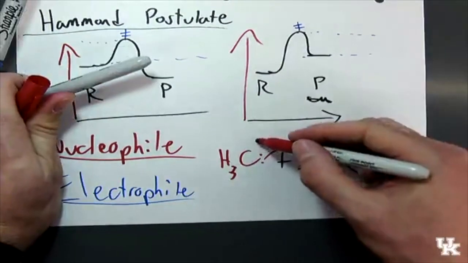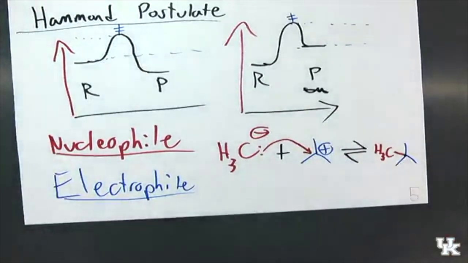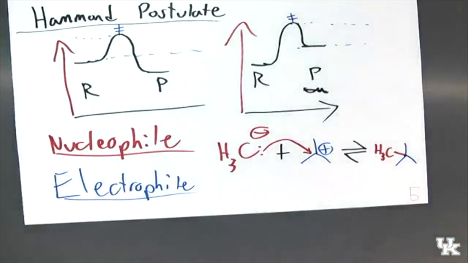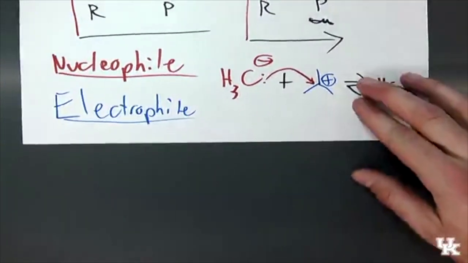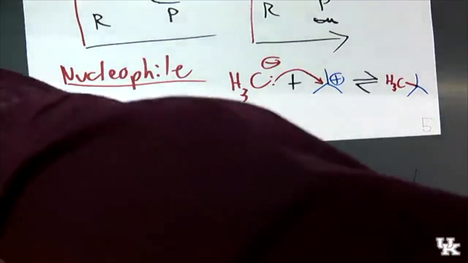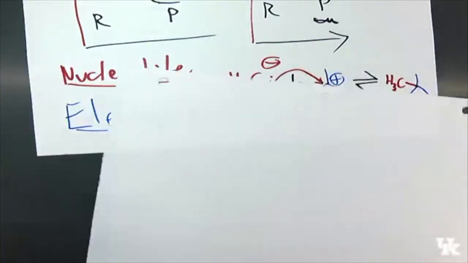So what I've drawn is a fully negative molecule with a lone pair attacking a fully positive carbocation atom, but it doesn't always have to happen that way because there are lots of different types of nucleophiles we can have.